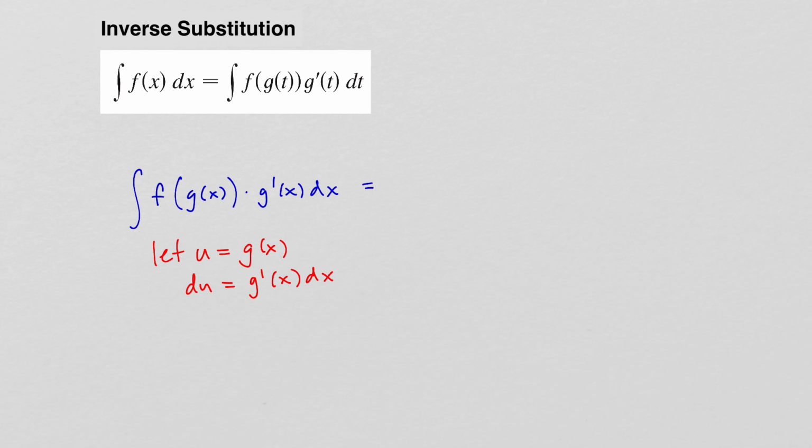And then this integral becomes simplified into f of u times du. So this is the process that we think of as u substitution. And this type of substitution is useful when you have a known composition function with the derivative of the interior function available in your original integrand.